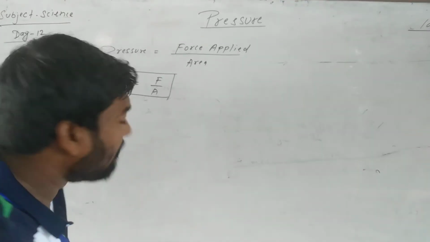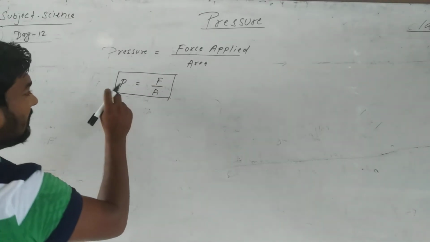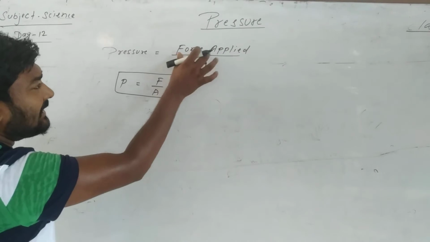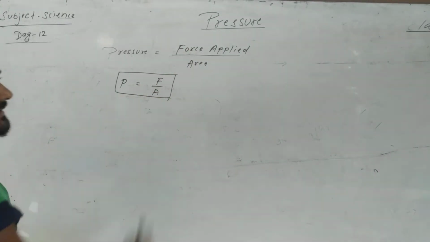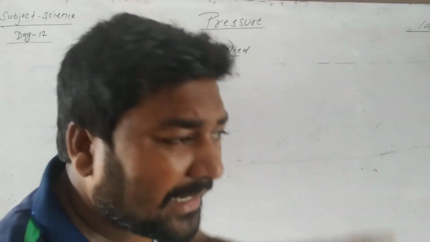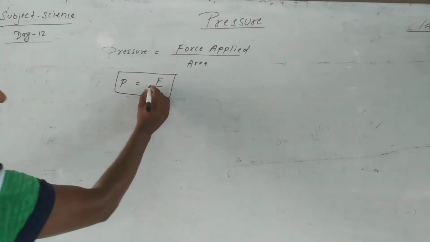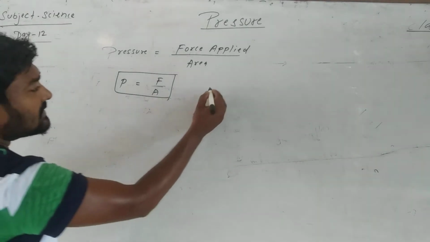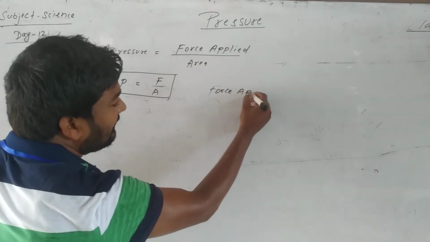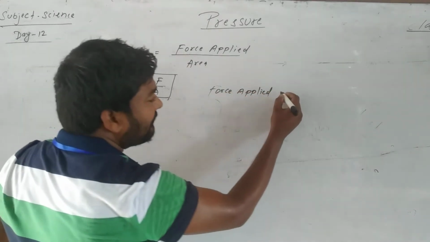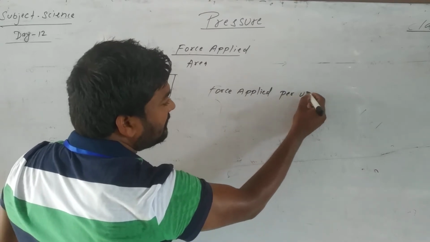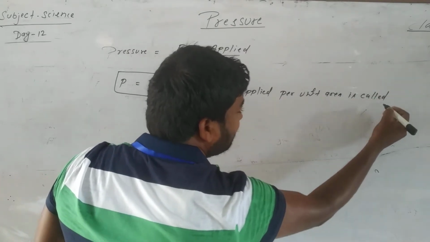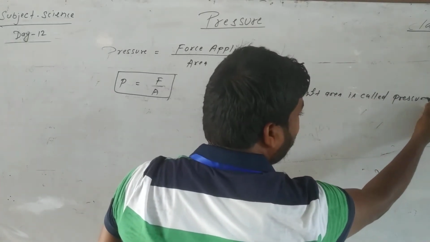Firstly, pressure can always be defined as the force applied by a body in a particular area, or force applied per unit area is called pressure.